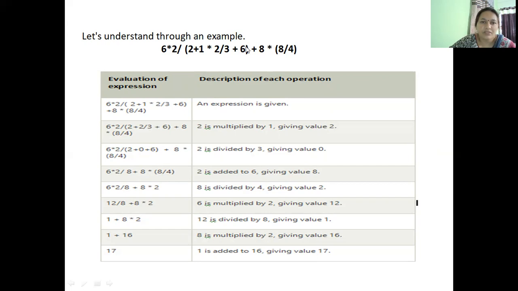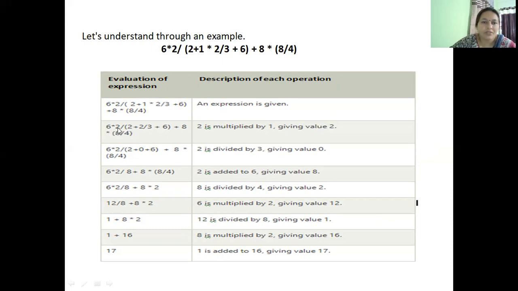In this first bracket, the highest precedence will be given to multiplication and division. Out of multiplication and division, multiplication appears first. So the multiplication 1 * 2 will be performed first. When 1 * 2 is multiplied, the value is 2.